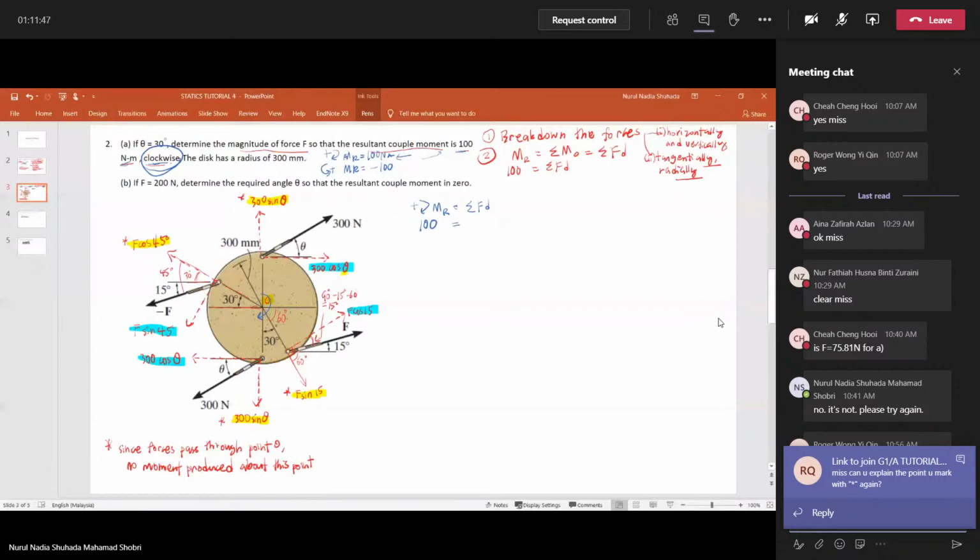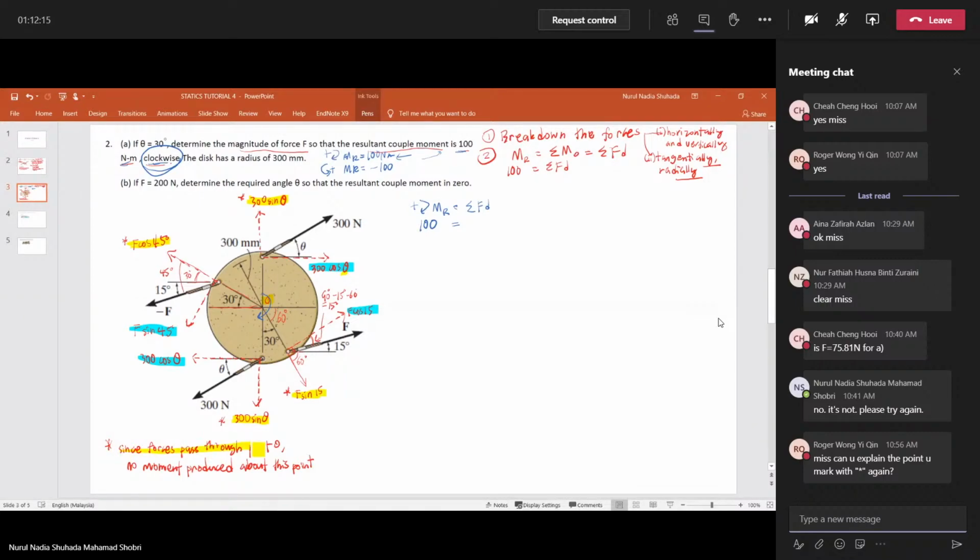Can you explain the point you mark with star again? Actually we already break down the forces that are tangent to the line and also radial to the line, but not all forces you can take into the equation.